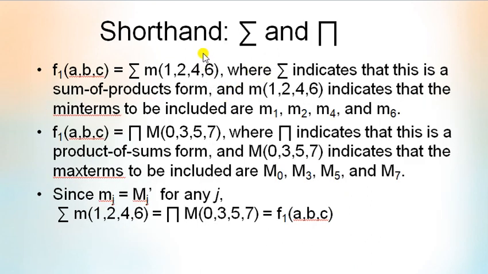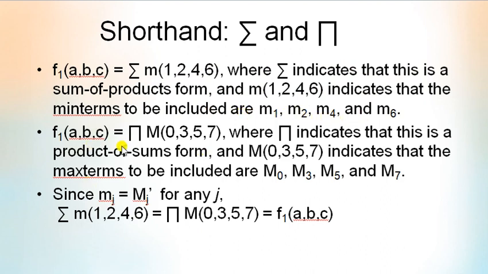And next, the shorthand method. We can represent these minterms and max terms using these symbols. This F1 of A, B, C is equal to sum of small letter m 1, 2, 4, 6. That means it indicates that this is the sum of products form, and m of 1, 2, 4, 6 indicates that the minterms to be included are m1, m2, m4 and m6.